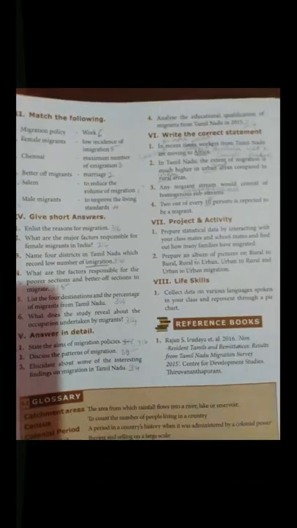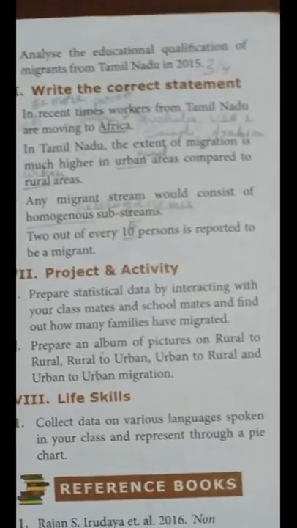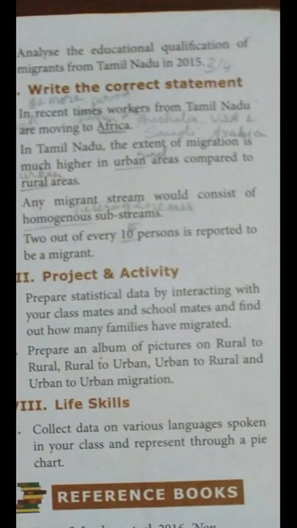Next, write the correct statement. First question, in recent times, workers from Tamil Nadu are moving to Africa. Answer is, in the more recent period, workers from Tamil Nadu have been moving to countries like Australia, USA and Saudi Arabia.